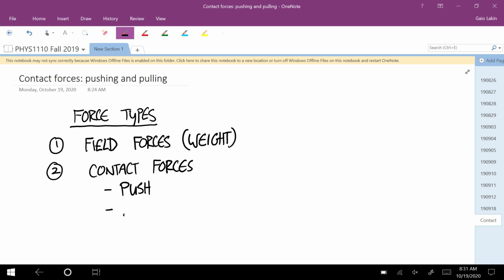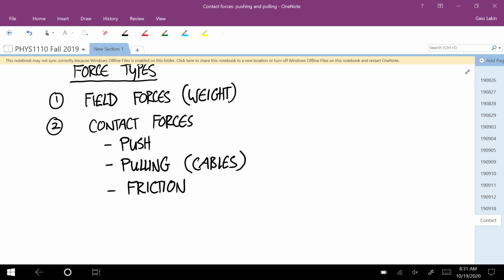The second one is pulling contact, which we're going to think of as applied by cables, strings, ropes, those kinds of things. And then the last type is friction.